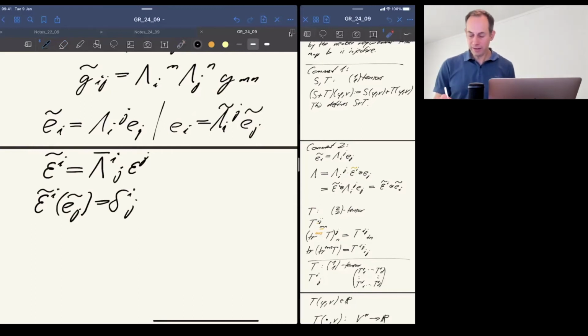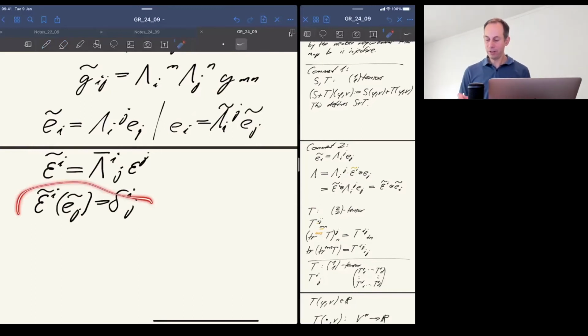If you use that and do a little calculation, which I think I did in a slightly different way in the last lecture, so maybe you can go back to the notes there, then you will find that this matrix here, which relates the dual basis vectors, is just the inverse of the matrix here that relates the basis vectors of V. So the answer is that the coefficients of this matrix are given by the inverse of the matrix defined by the coefficients of that one.